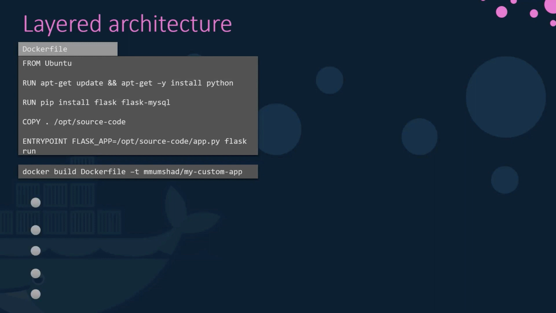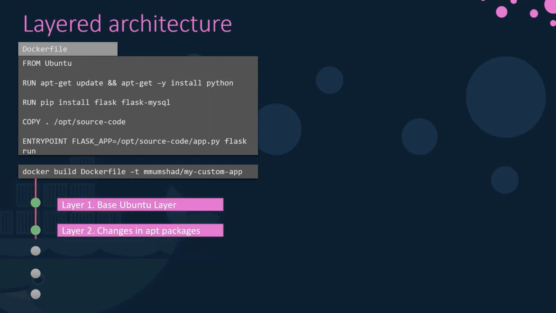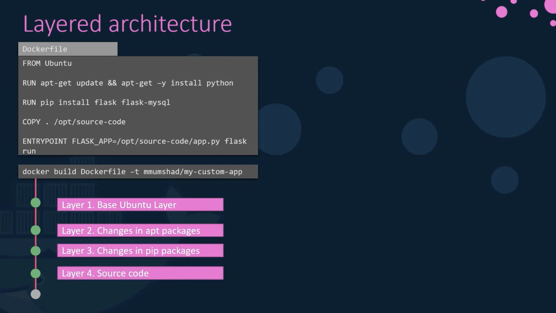For example, the first layer is a base Ubuntu operating system, followed by the second instruction that creates a second layer which installs all the apt packages, and then the third instruction creates a third layer with the Python packages, followed by the fourth layer that copies the source code over, and then finally the fifth layer that updates the entry point of the image.